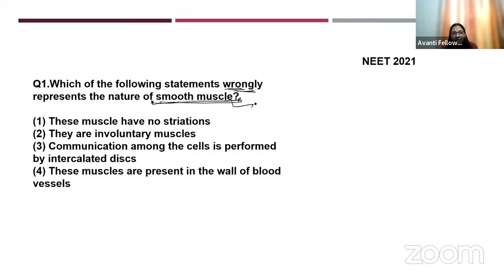Smooth muscles are involuntary muscles. These muscles show no striation. These muscles are known as visceral muscles. These muscles are fusiform shaped.